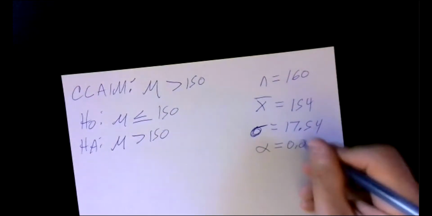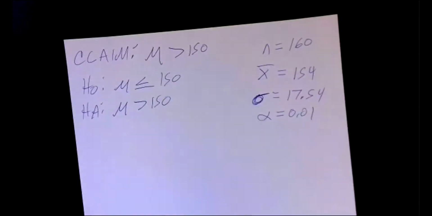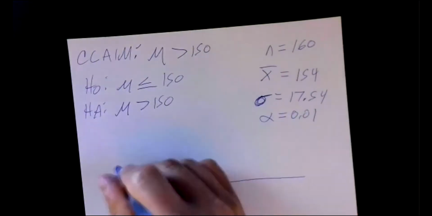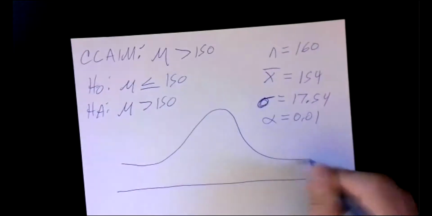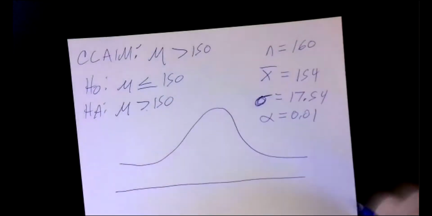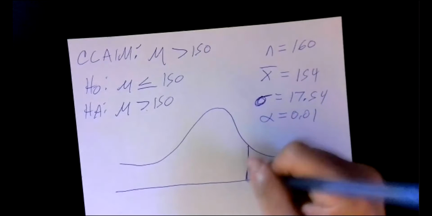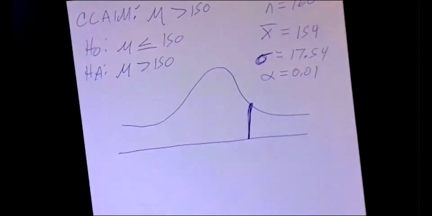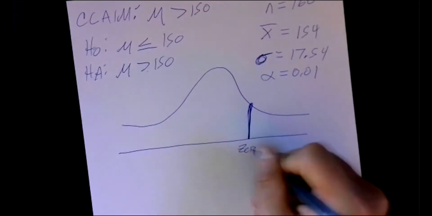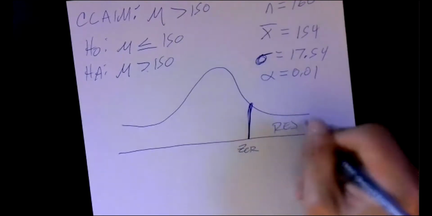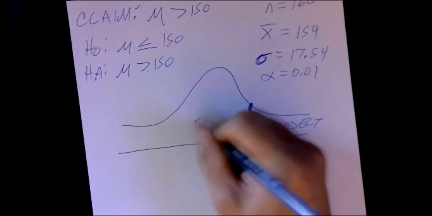Alpha is 0.01. Sketch the picture. This is greater than, so it'll be a right-tailed test. And we need to know the critical value that separates reject from fail to reject.